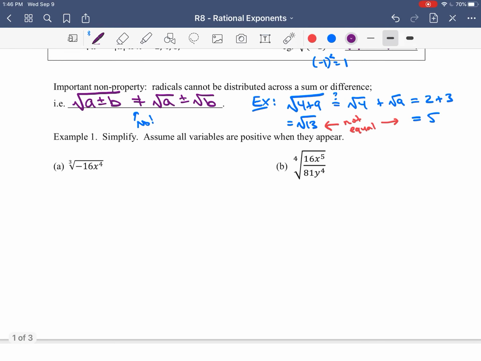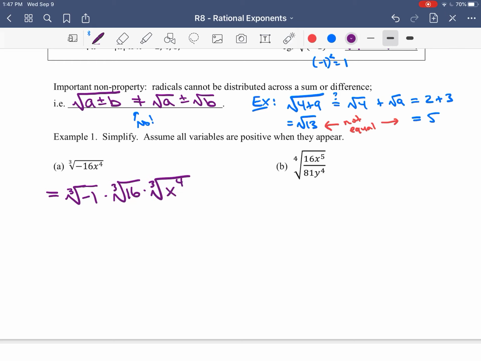So I'm going to do part A and leave part B for you. So I have the cube root of negative 16x to the 4. So I'm going to break this down. I'm just going to split all the bits up. So this is the cube root of everything that's multiplied. In fact, I can take out the negative 1 if I want, or you can leave it with the 16 or whatever, it doesn't matter. x to the 4.